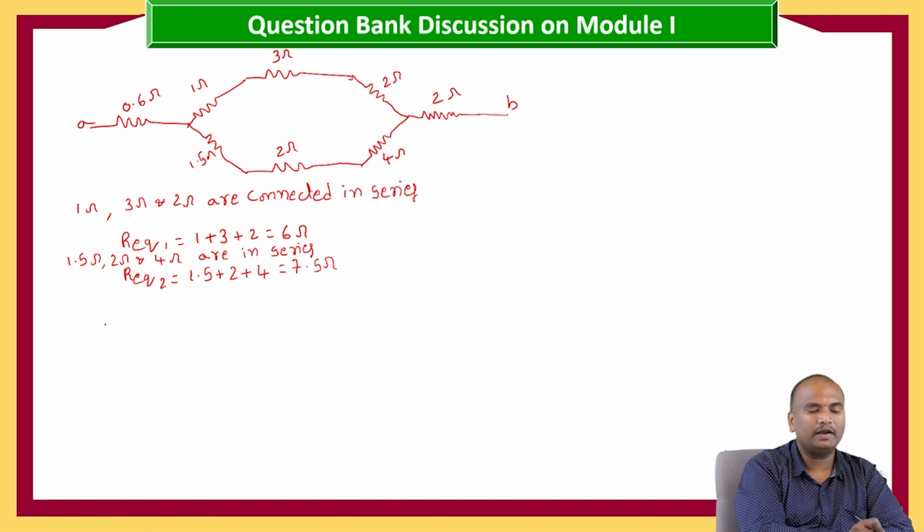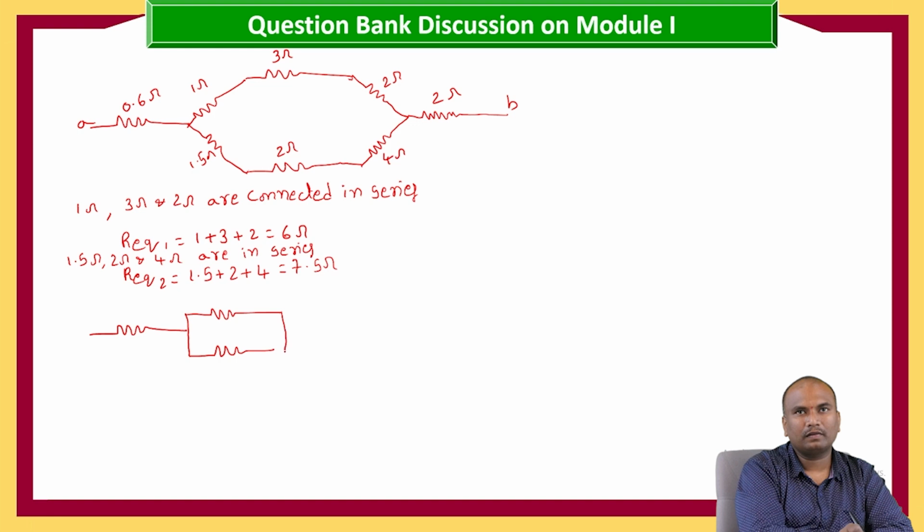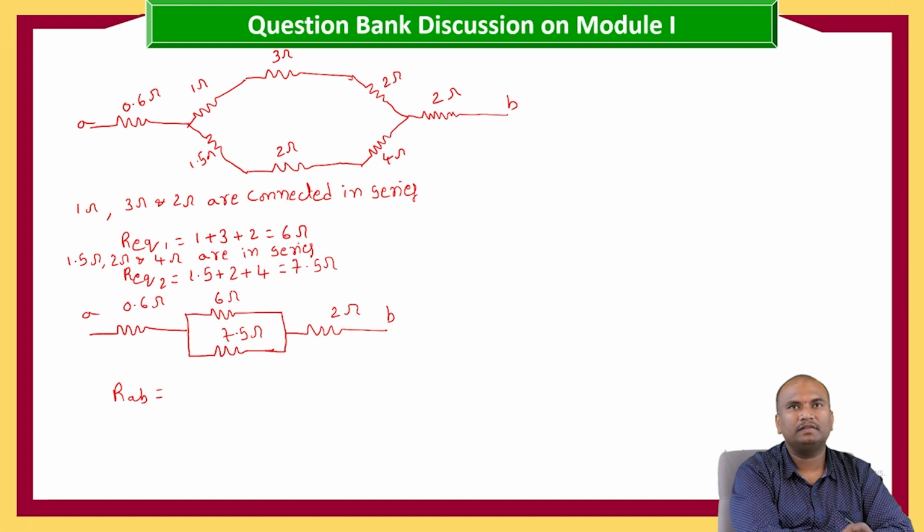Now our circuit will become A, B, 2 ohms, 0.6 ohms, 6 ohms, 7.5 ohms. Now RAB is equal to, here this 6 ohms and 7.5 ohms are in parallel.